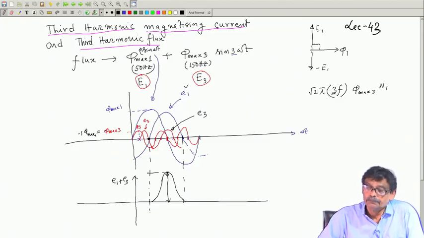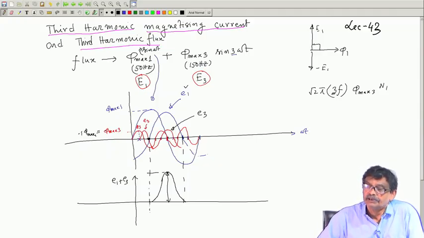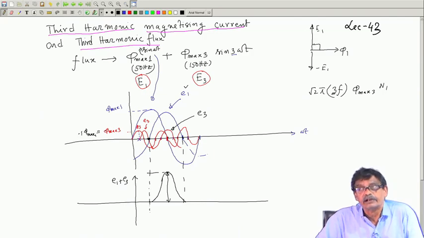So, that is why people try to avoid this third harmonic flux to be created. Not only that, there will be on the secondary side, there will be also not pure 50 hertz you will get if the flux contains third harmonic component, but at the same time the insulation level will be under stress.